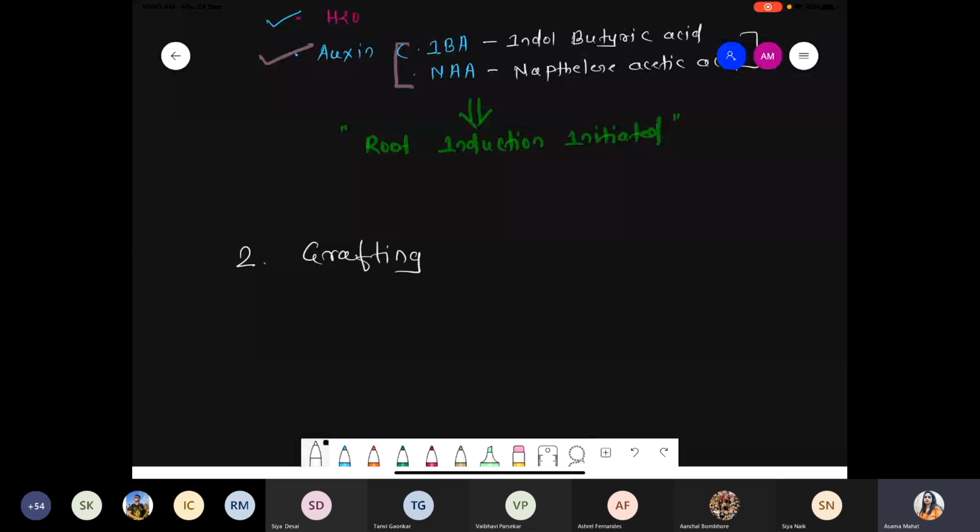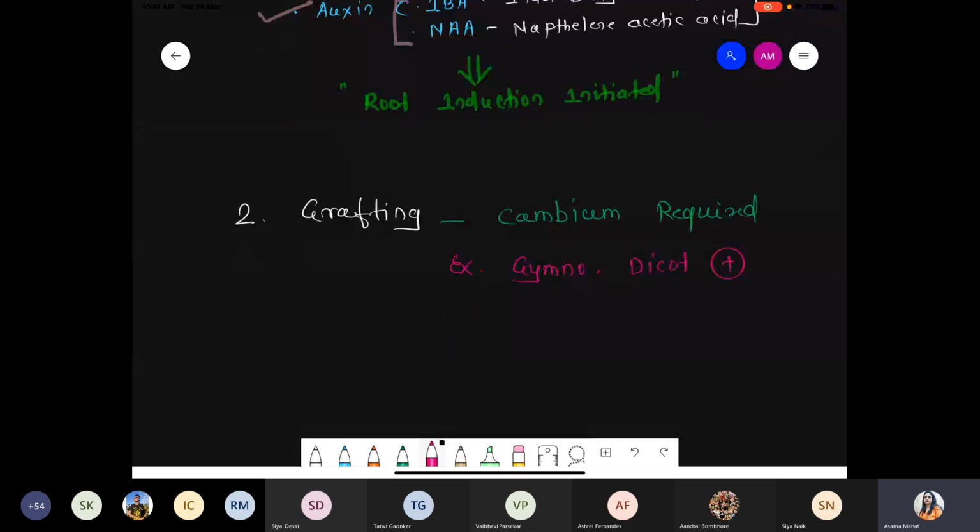For the grafting technique, the most important thing is that cambium is required. It's a must. And you know very well cambium is present in gymnosperm as well as in dicot. So dicot and gymnosperm you can use for the grafting technique because inside gymnosperm and dicot plants cambium is present.